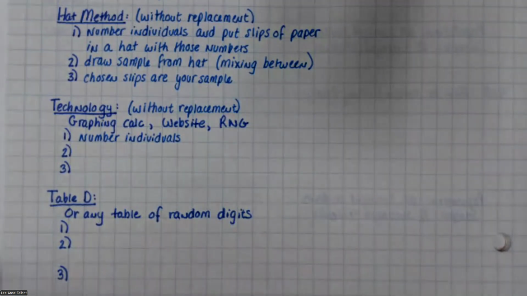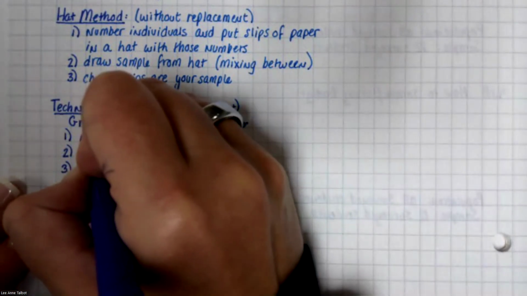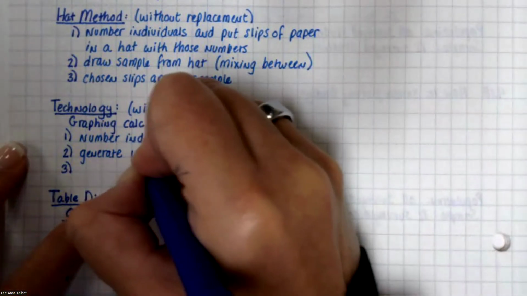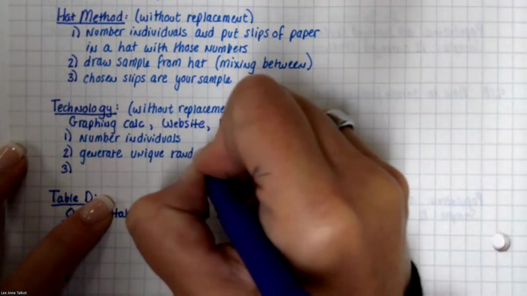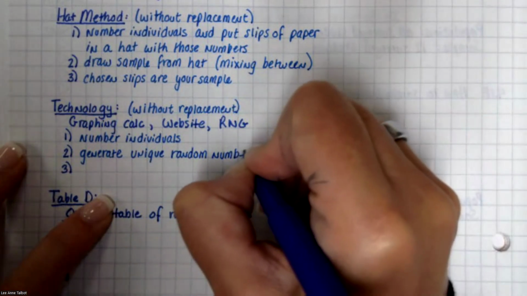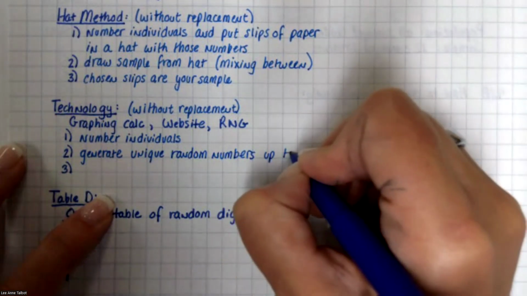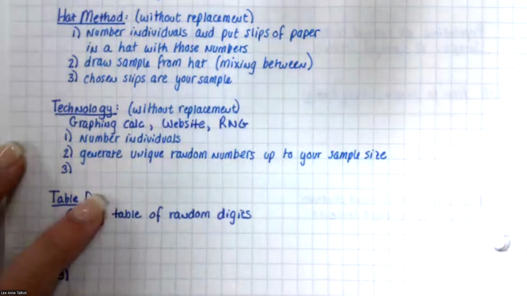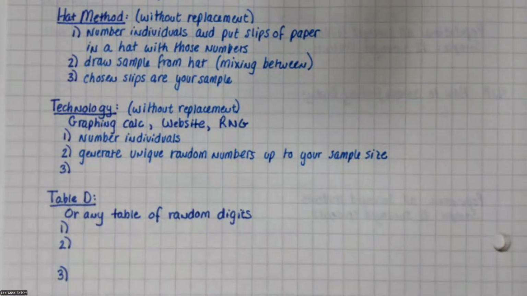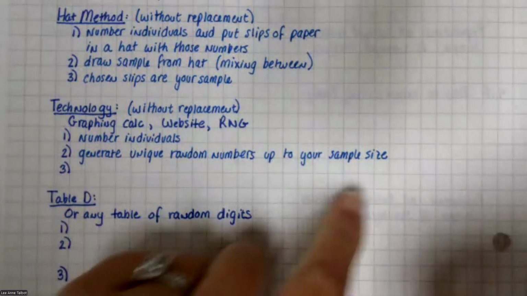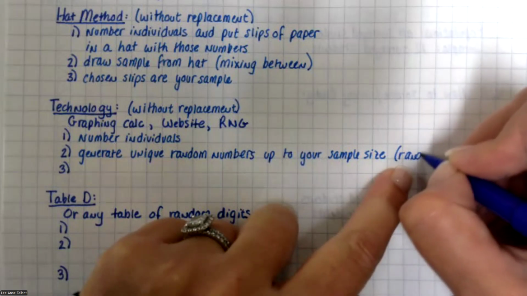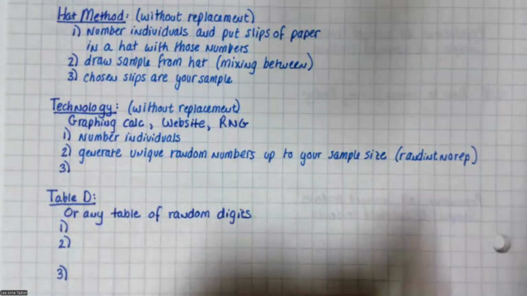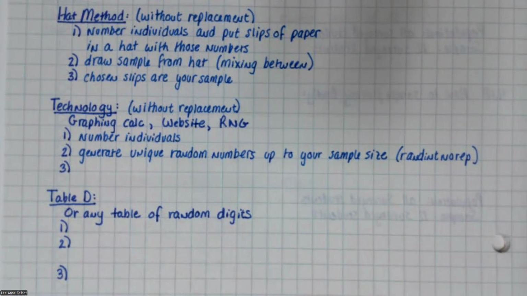How odd. Just make yourself a note here. You're going to use randIntNoRep most of the time for this.